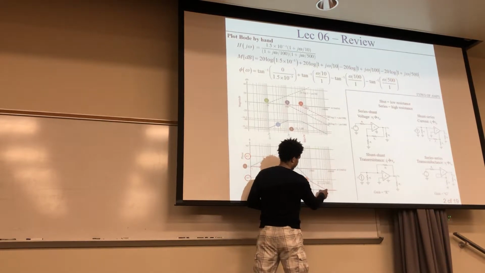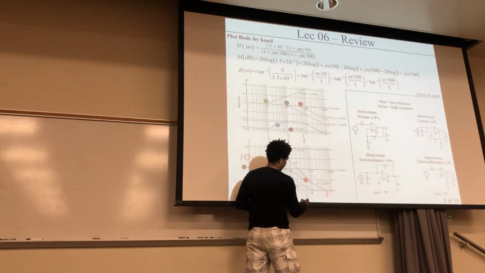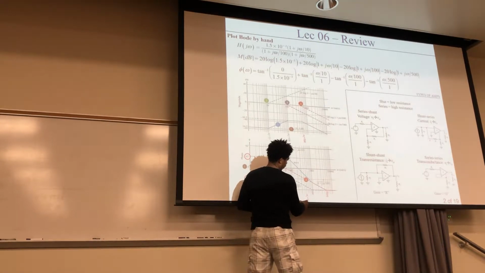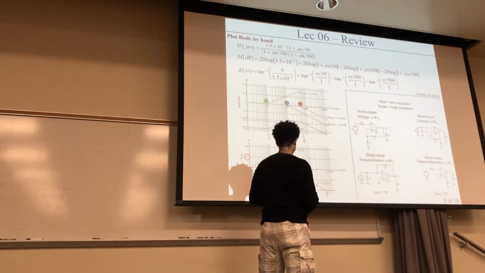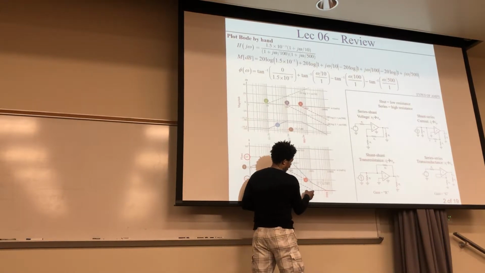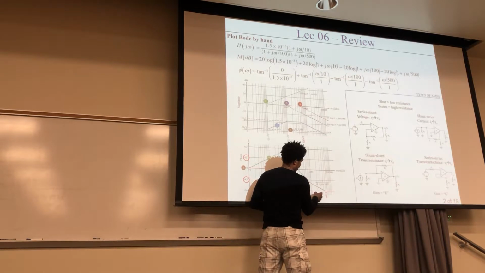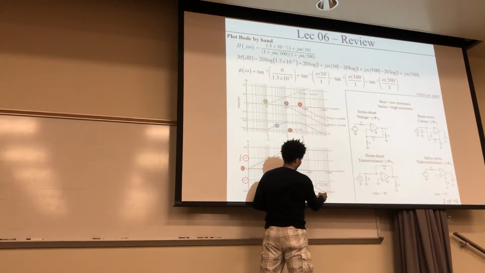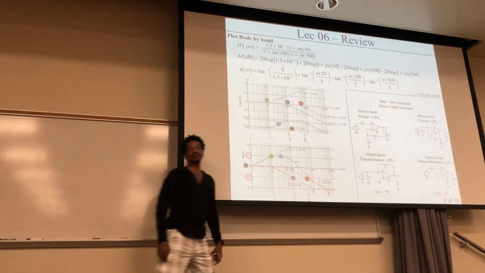And over here, that's going to be 5,000, because that's 500. Okay, that should be 1,000 right there, not 100. So that should be 1,000, then 2,000, 3,000, 4,000, 5,000. So that's your decade.